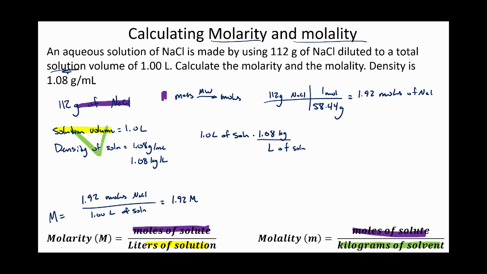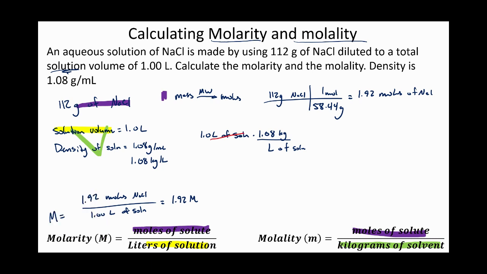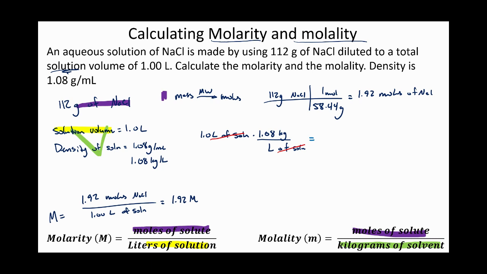I cancel out my liters of solution in the numerator and the denominator, and I get that the total mass of my solution should be 1.08 kilograms, or 1,080 grams. And that's the mass of solution.